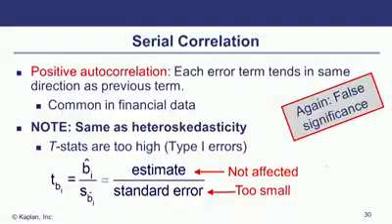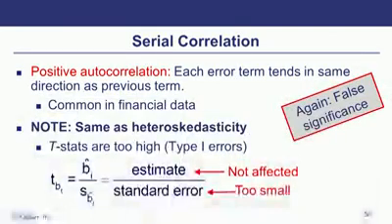Two more to go. So, serial correlation, also known as autocorrelation. Here you've got a couple of potential problems. There's positive serial autocorrelation, which basically says that a positive error today increases the chance of a positive error tomorrow, and a negative error today increases the chance of a negative error tomorrow. And then you've got negative autocorrelation, which is exactly the opposite: a positive error today increases the chance of a negative error tomorrow.